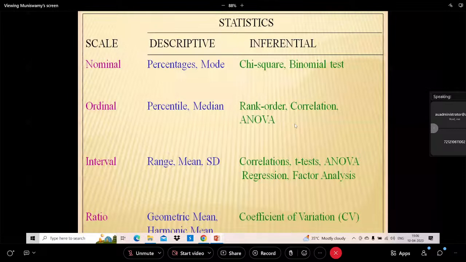At the time of testing of hypothesis, we can explain what is descriptive and what is inferential statistics. Data is ordinal, interval, ratio. This kind of analysis is used.